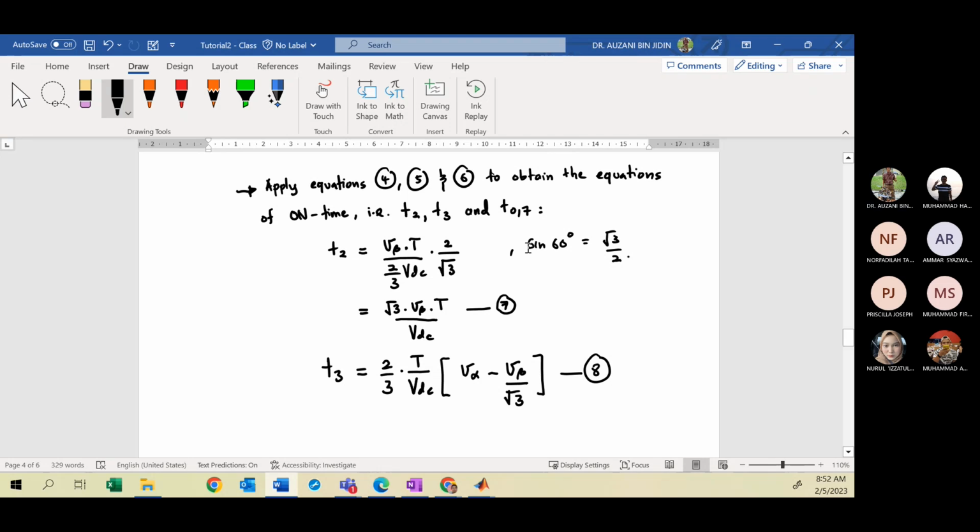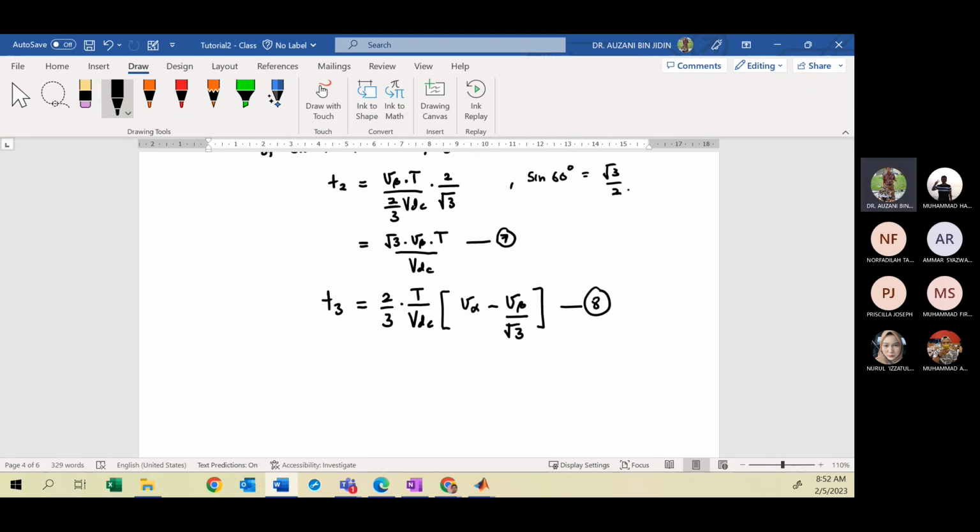Then finally you can write for the zero time taken to switch zero vector, V0 or V7. T is the sampling period, so you have to take the difference between the total sampling period and the summation of T2 and T3, right?